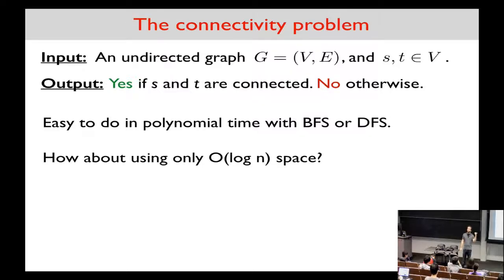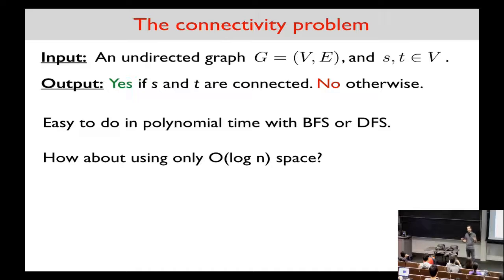Since I have order log n space, that means I can remember a constant number of vertices. That's fine, but really, that's pretty much all you can do. So imagine yourself in this huge, gigantic maze, and you're like the Memento guy.